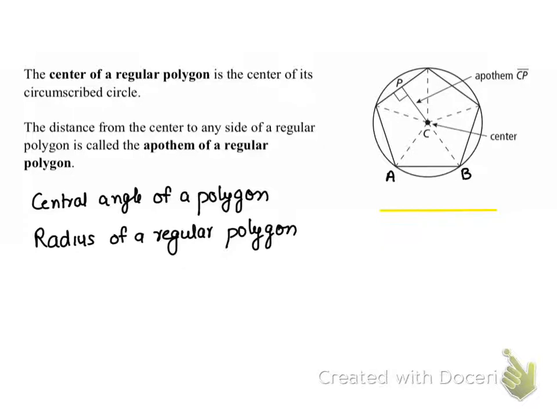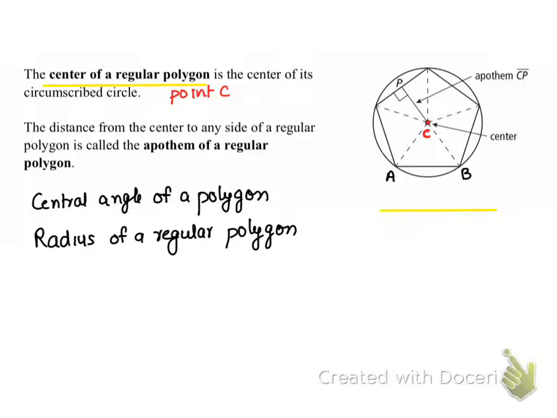In that case, there are a few definitions which you're supposed to know. Center of a regular polygon. If the polygon fits inside the circle, then your center is this C. That's the center. In this case point C is the center of the circle.